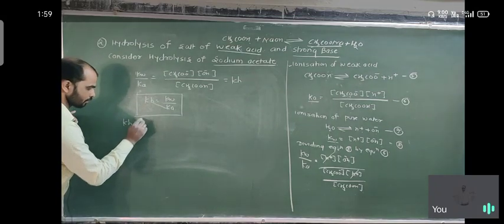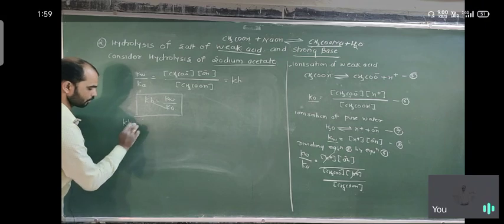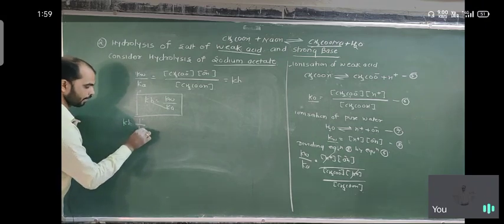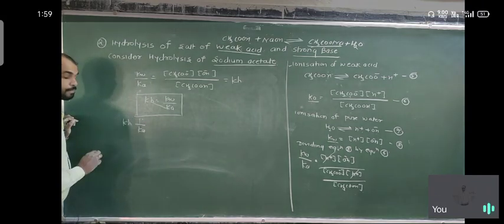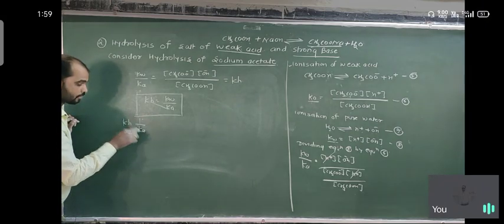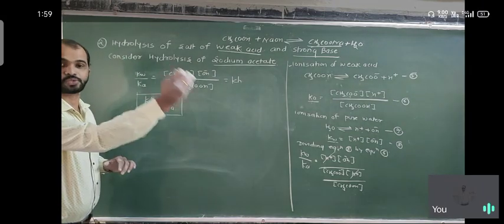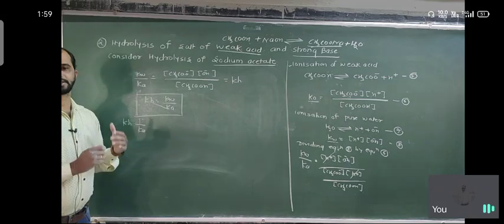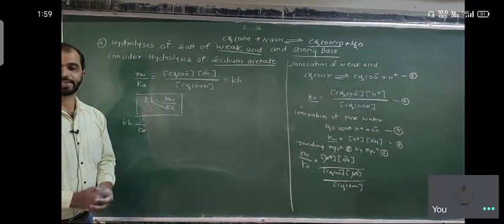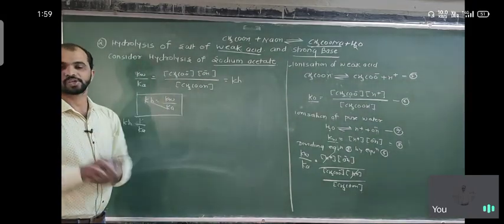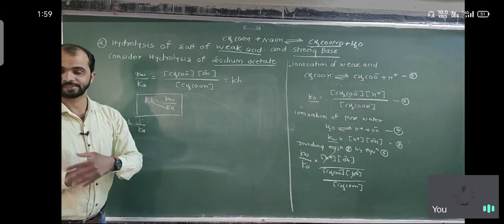Kh is inversely proportional to Ka, meaning the more the dissociation constant, the less will be the hydrolysis. If the dissociation constant is less, the hydrolysis will be more.